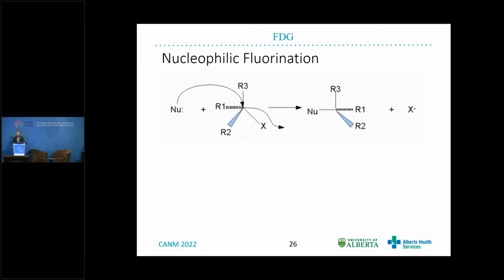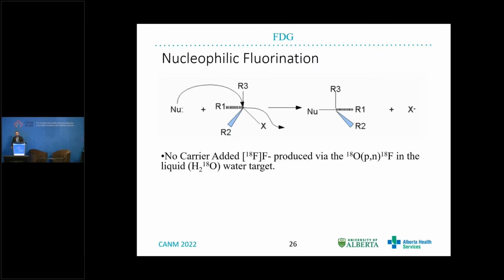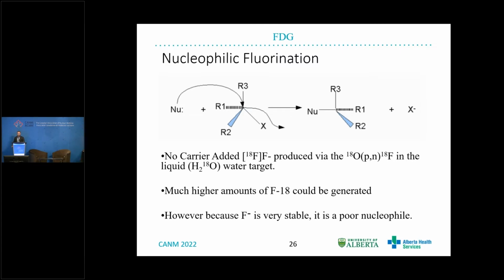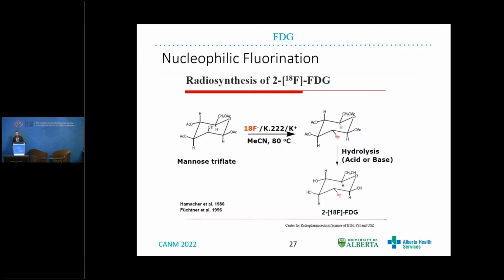So instead, what is done is nucleophilic fluorination with F-. So no-carrier-added F- can be produced, and a lot higher amounts of radioactivity yield are available. But F- is not a very good nucleophile.